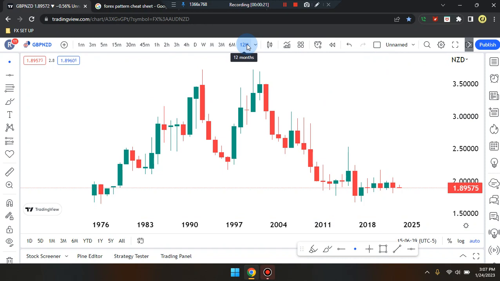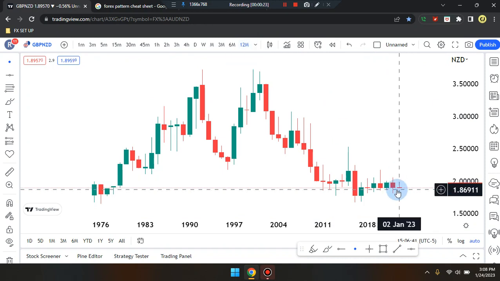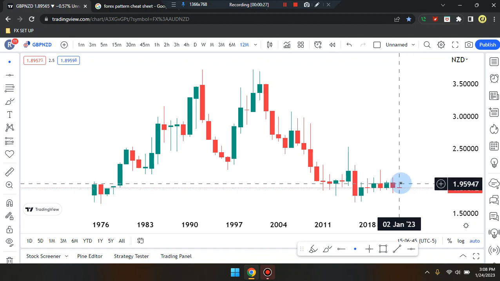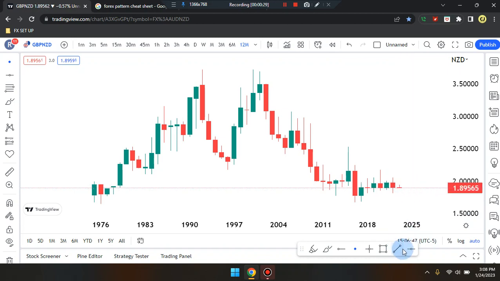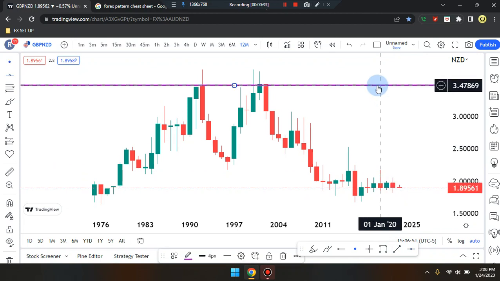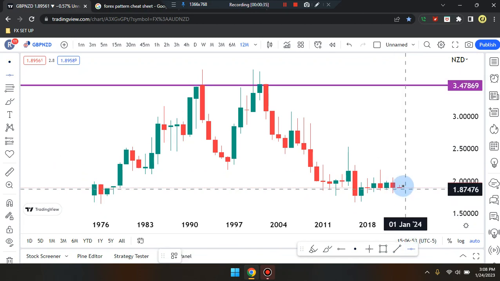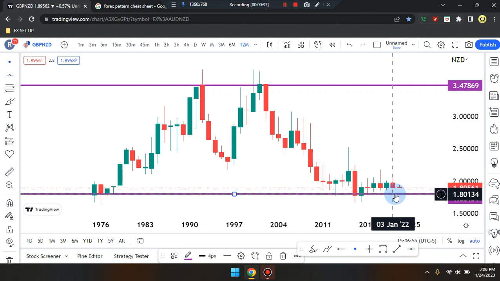We are in the 12-month time frame. Price action, last candle to the right-hand side, is a bearish small doji, push up to the high. We do have price action overall, higher highs, price action overall, lower lows.